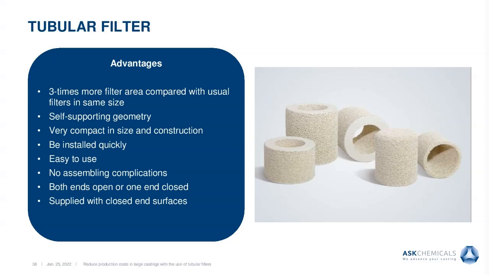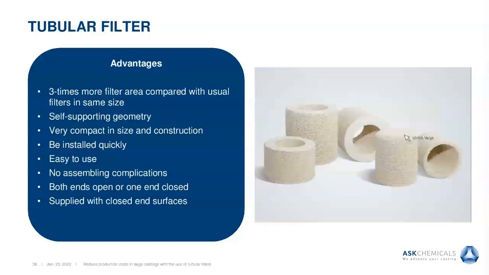This type of ceramic foam filter combines the known advantages of ceramic foam filters with other very interesting and useful properties. You can see here on the picture, we can produce this filter in different types and various designs, and it can be made open at both ends, like in this case here, or just open at one end.